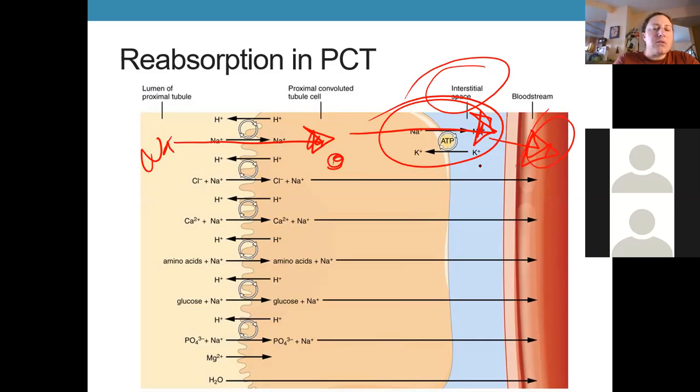So we can do all sorts of things then to get a bunch of other things reabsorbed at the same time. So chloride tends to follow sodium because of charge balancing. Calcium moves by co-transport. All of our nutrients, amino acids, and glucose, they're going to be following as well with co-transporting.